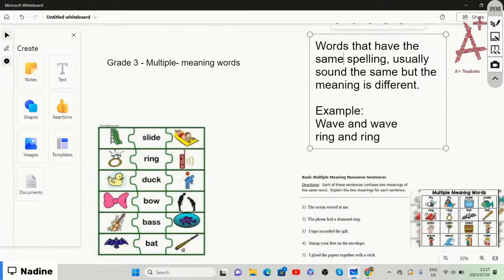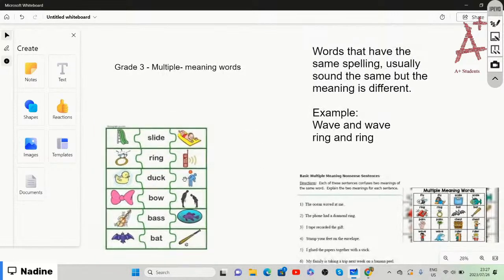A ring can mean a ring that you wear on your finger, that you give to someone for engagement, for marriage, for friendship. And another ring is when the telephone rings, because somebody is about to call you. So that is the meaning of those two words.